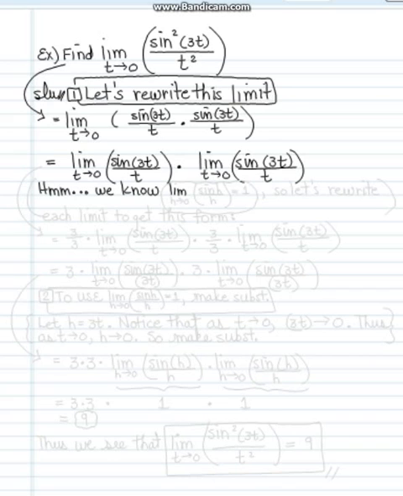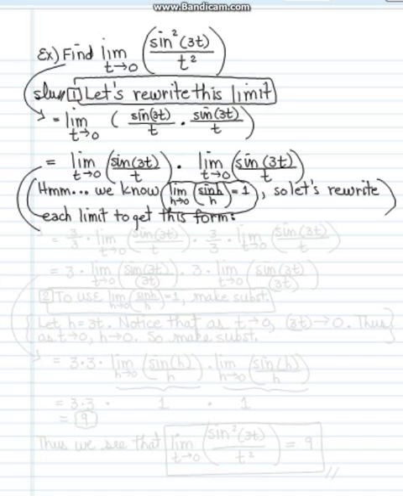We showed that in a previous video. So we're going to try to rewrite each of the limits above to get the form of the limit as h approaches 0 of sine h over h, so we can replace it with the 1. That's the goal. That's how we're going to use this trick.